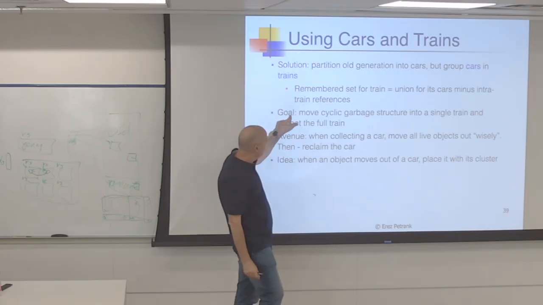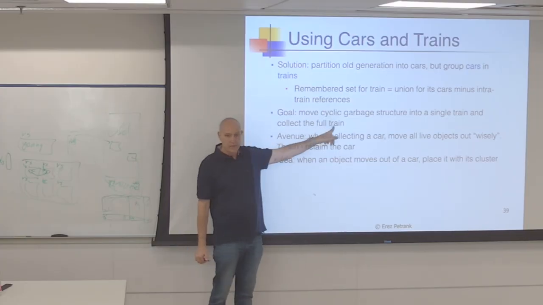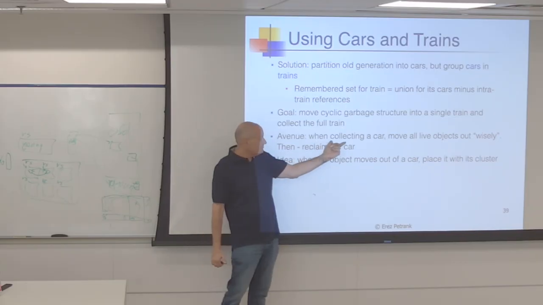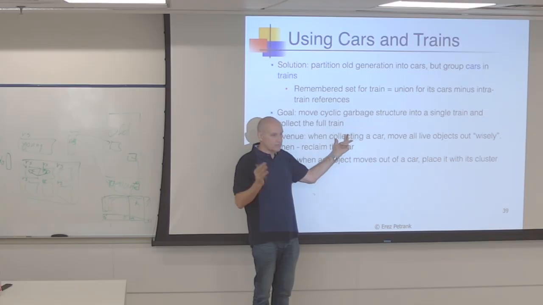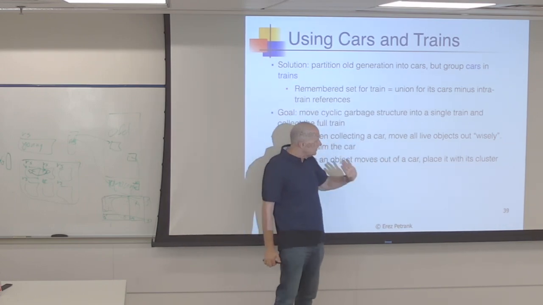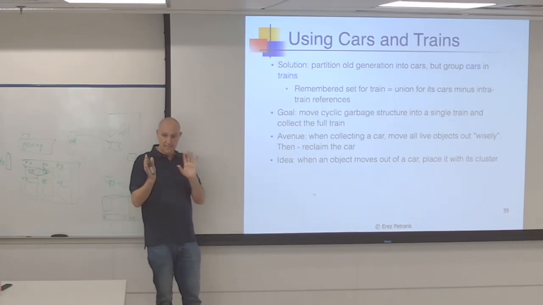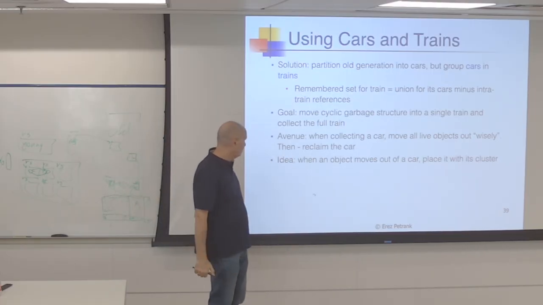Okay, so the goal is to move cyclic garbage structure into a single train and collect the full train. Leave it there alone and collect it. And the avenue is I'm just collecting a car. I don't have a global view. So when I'm collecting a single car, I have to move all the reachable objects out of this car wisely so that I will be able to make the cyclic structure get into a single train.